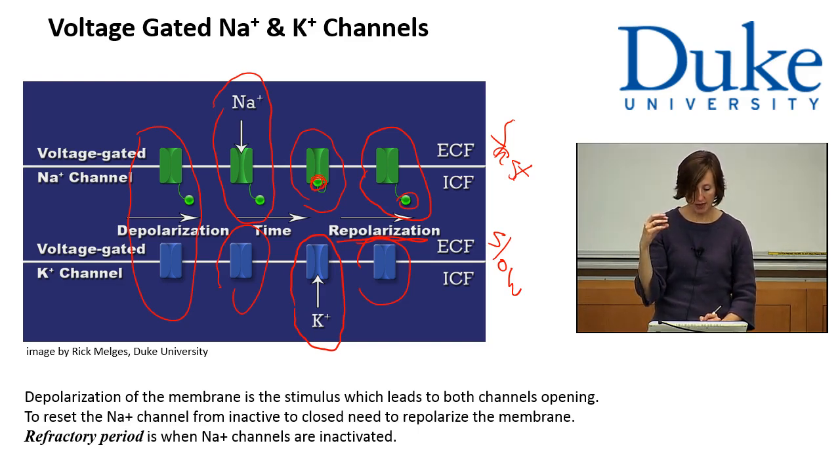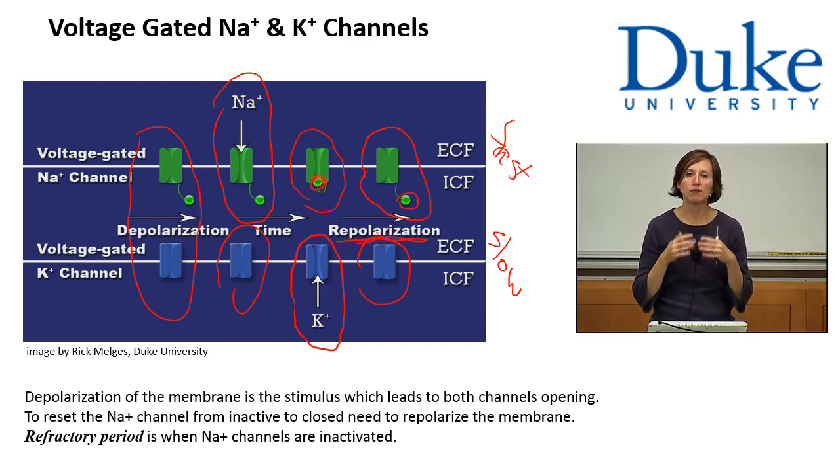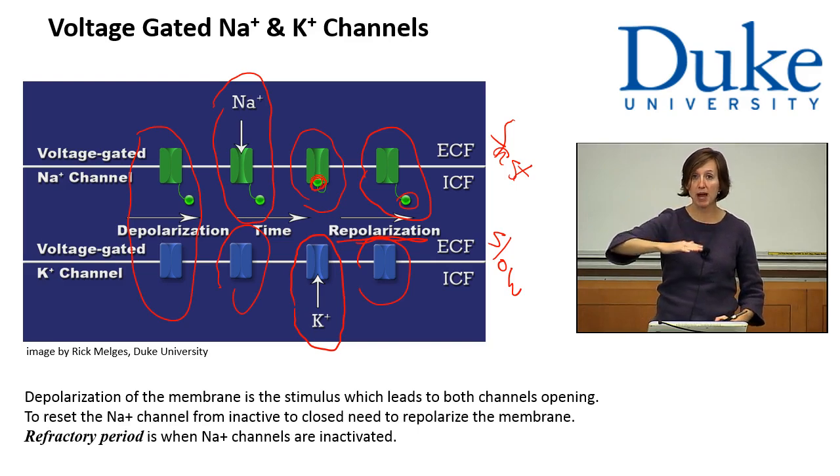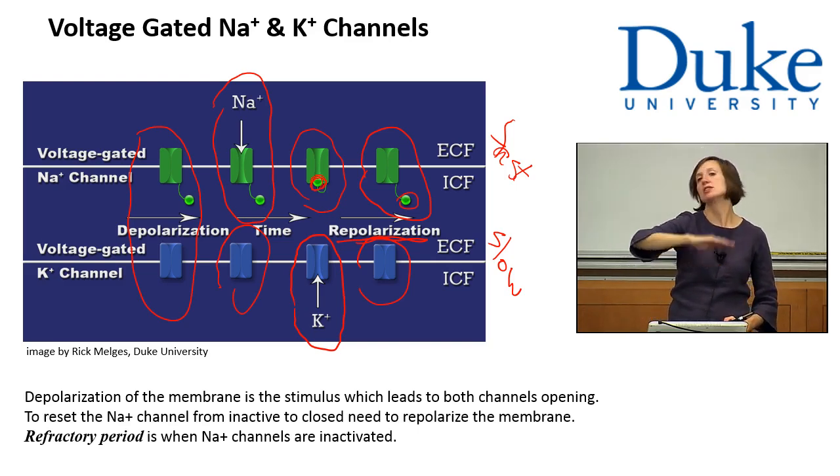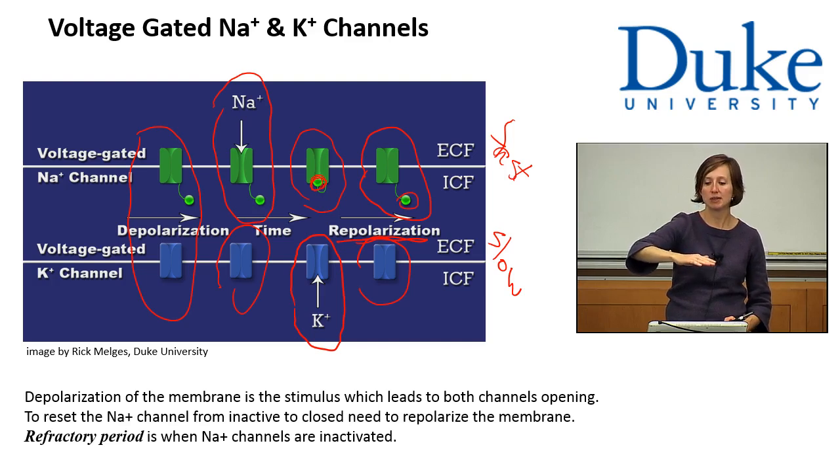So these properties of these channels are what form and give the properties of the action potential. And this property of the sodium channel being inactivated until the membrane potential comes back down to rest is also a very important aspect of the action potential, and we'll talk about why it's important.